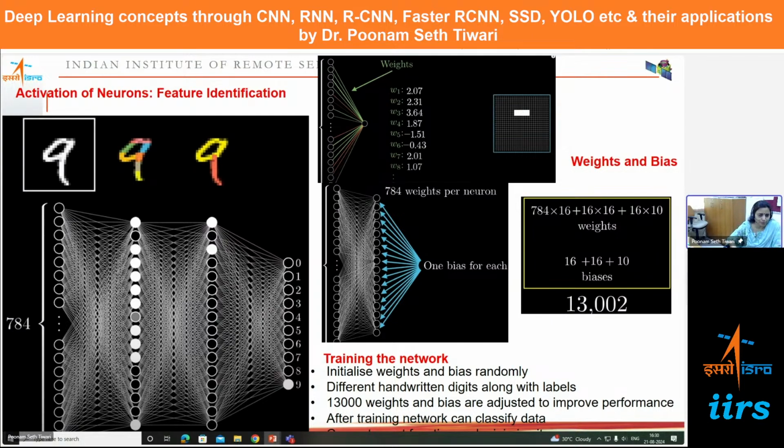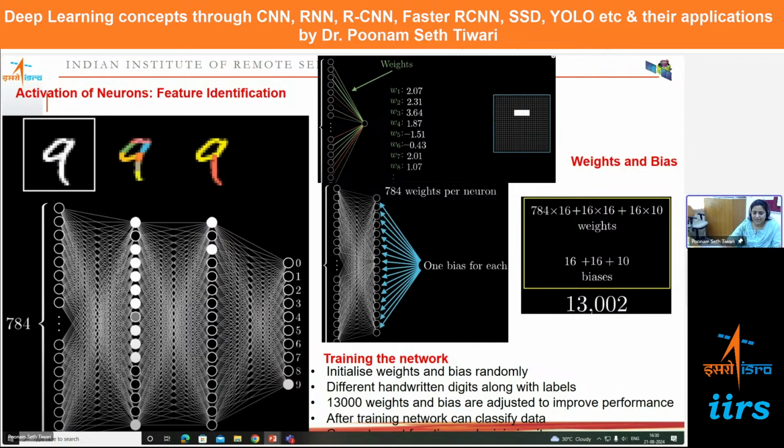Now it has the input data and the output data. So based on input and output, it will adjust the weights of the intermediate layers. That means the connections, it is making them tighter or looser, something of that sort. So the weights and biases it is adjusting based on our training data.